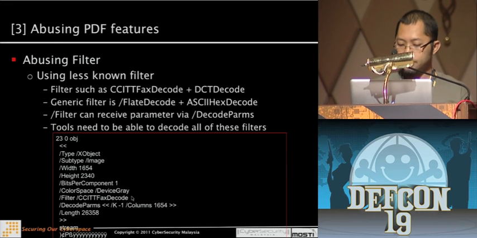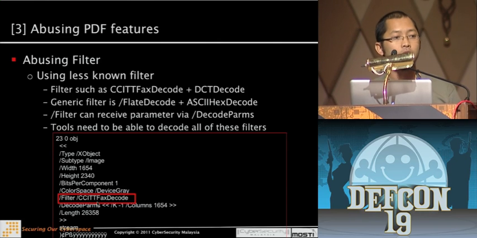For example, this code implements CCITTFaxDecode. It's normally for images, but it really doesn't matter. It's not necessarily an image. You can put whatever you want, as long as it's within the format of the CCITTFaxDecode.